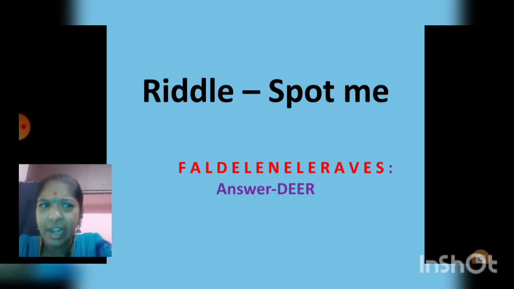Here is a riddle. It's quite interesting. Spot me. It's fallen leaves. Spot the answer. Have you all spotted the answer? You have to leave some letters and take the right letters in the words fallen leaves.